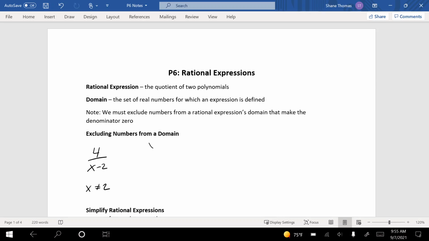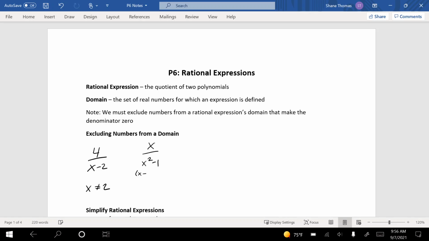If I get one like this, x squared minus 1, it's not quite as apparent right away, is it? What do I need to do to that bottom? Factor the bottom. What does this factor to be?